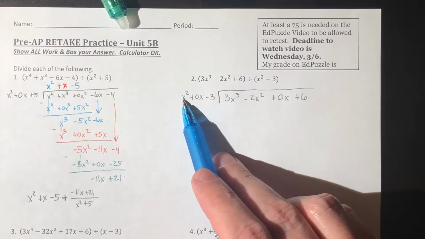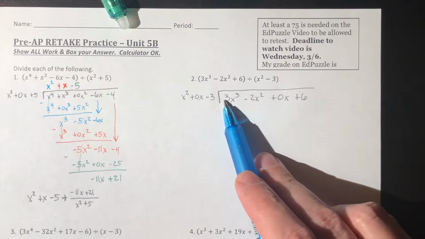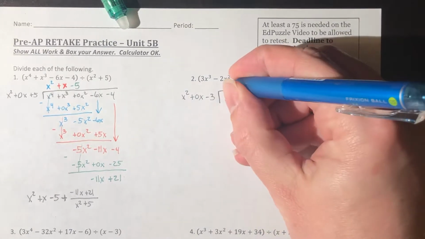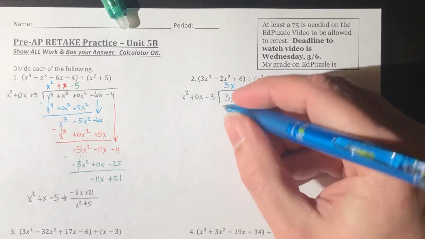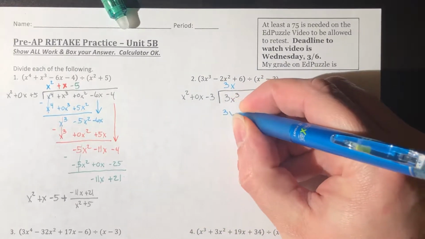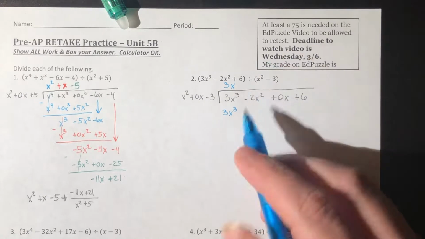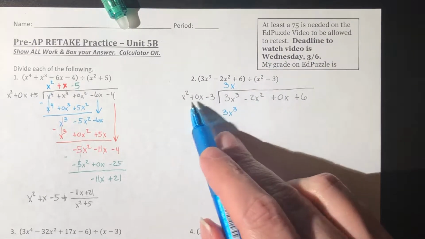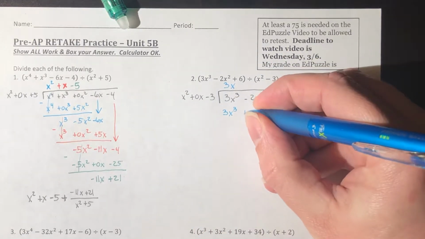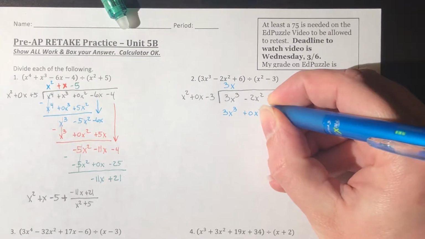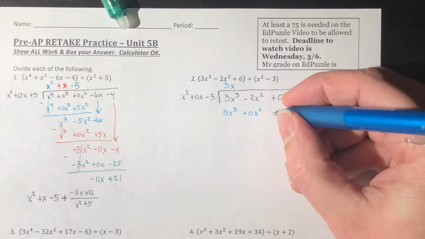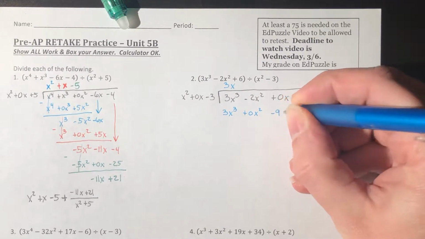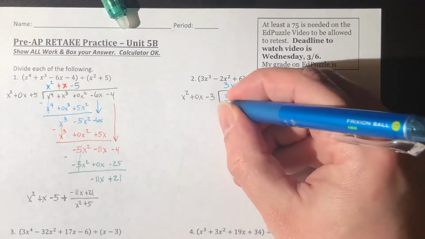So to get from x squared to 3x cubed, I need to multiply by 3x. So do that multiplication. I have 3x cubed. I also need to multiply that 3x by all these other parts. So plus 0 x squareds, and then 3x times negative 3 would be minus 9x.